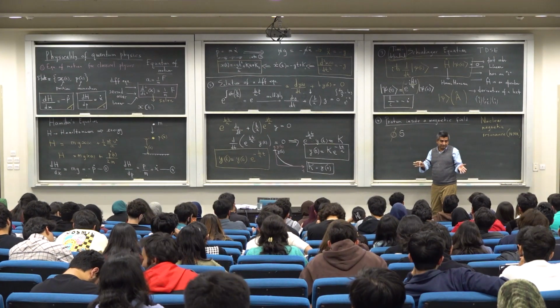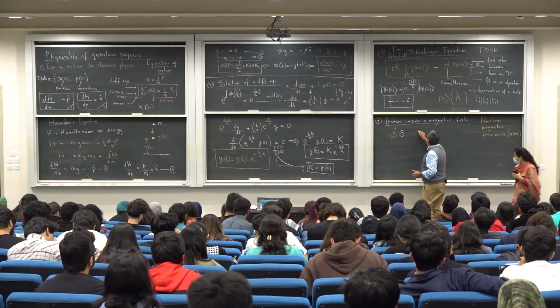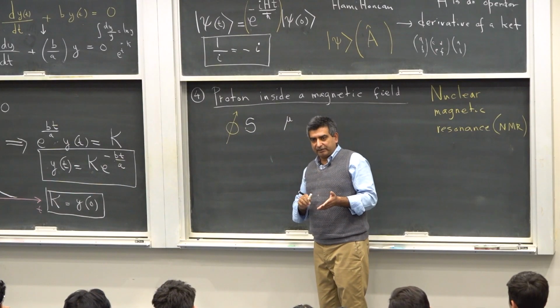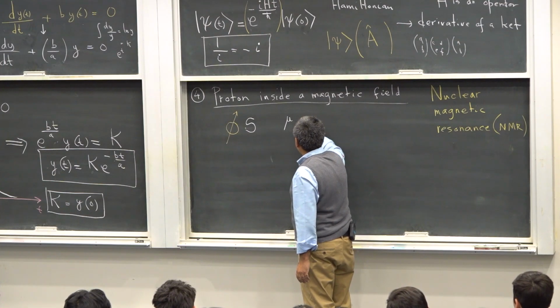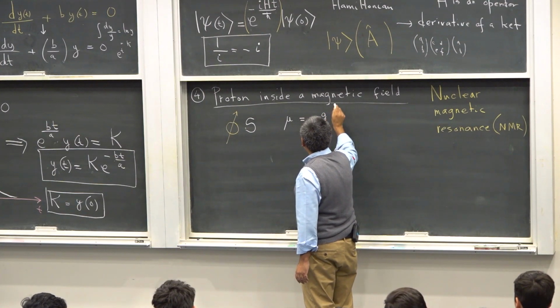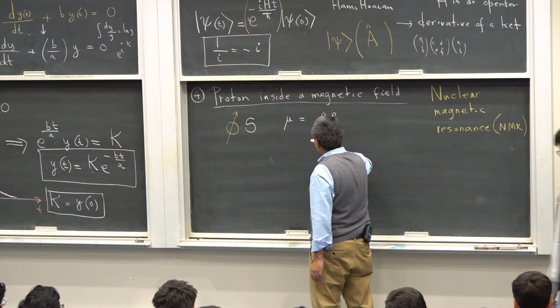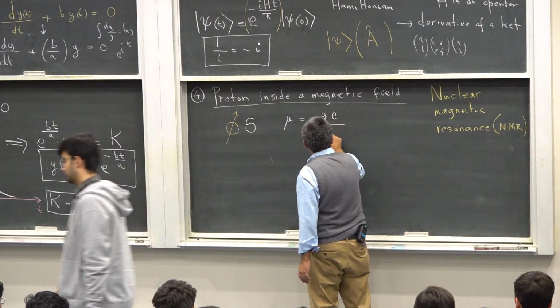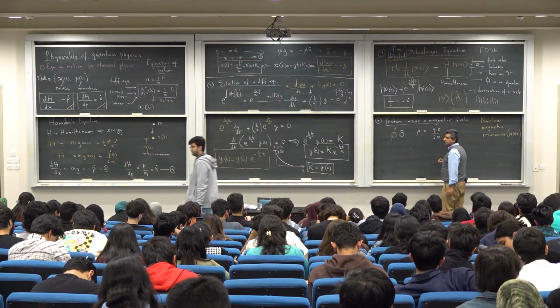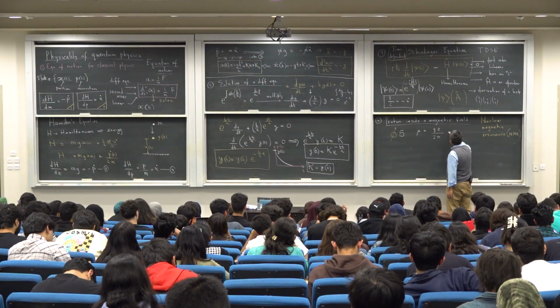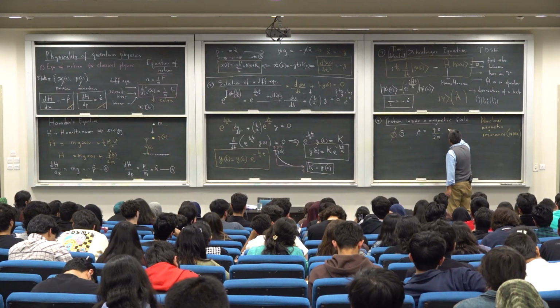We all know that. The magnetic moment associated with the spin equals some constant g, charge e over 2 times the mass of the particle, and then S.